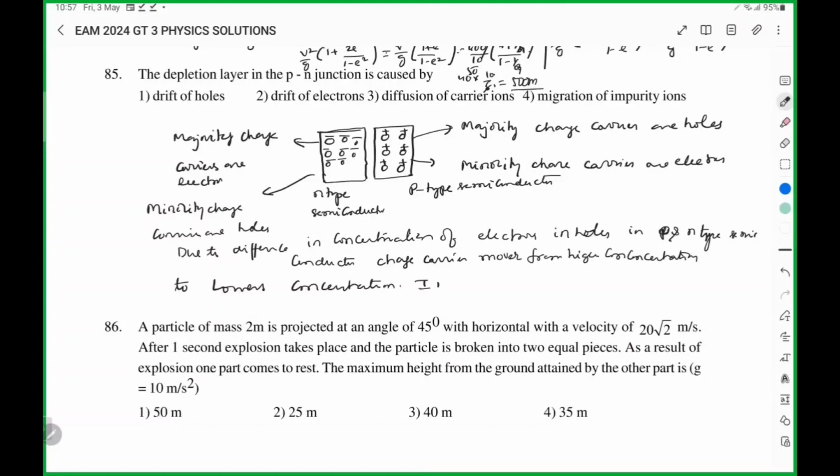So in this process, diffusion takes place across the junction, that is in depletion region.